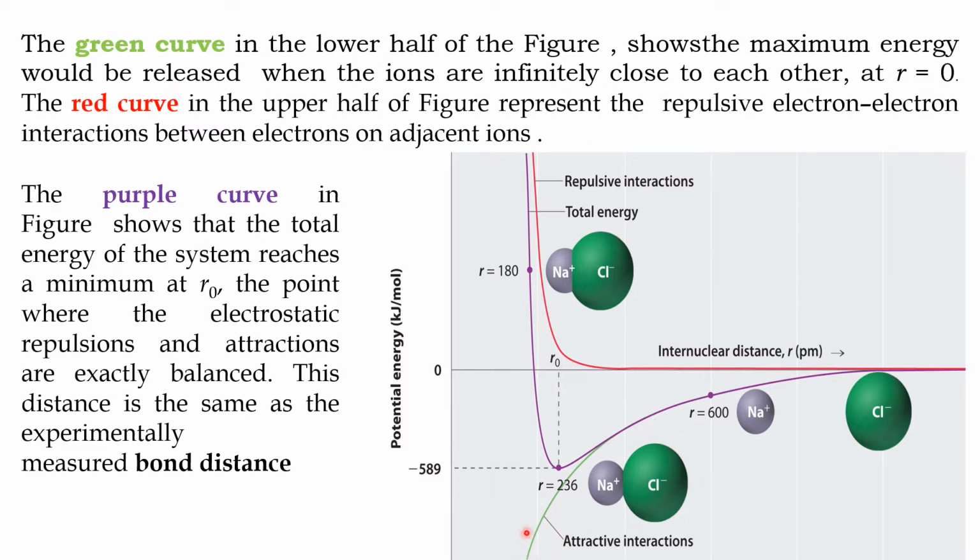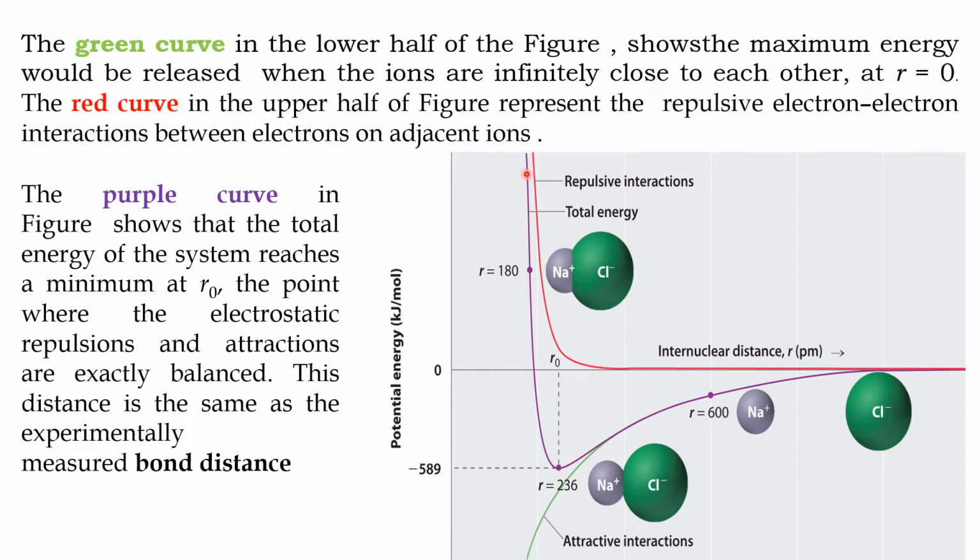So that is the attractive interaction represented by this green graph. Then there is a red curve which shows the repulsive electron-electron interaction as well as the proton-proton interaction. After a particular distance, the potential energy becomes zero.